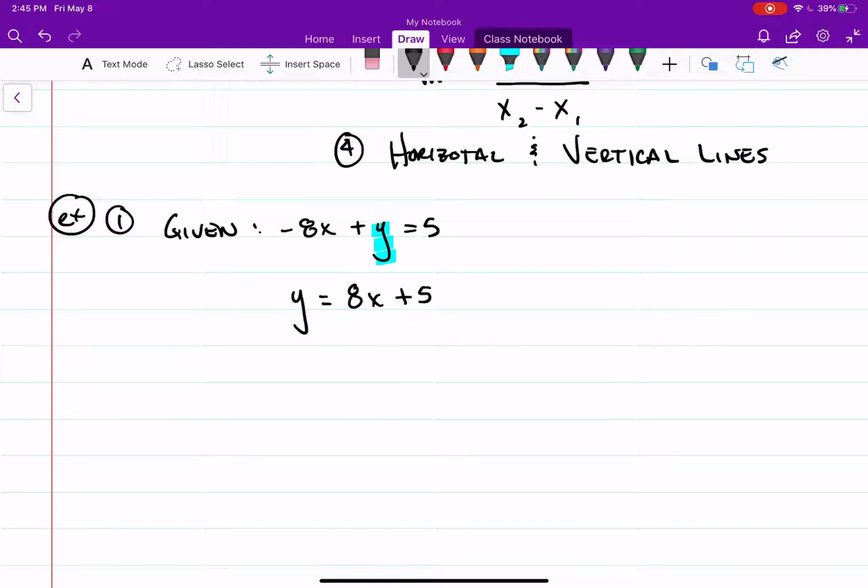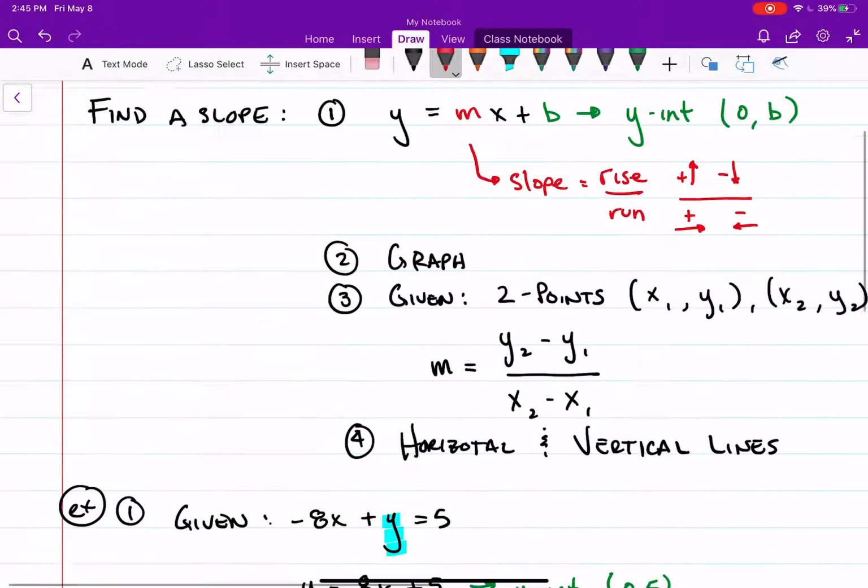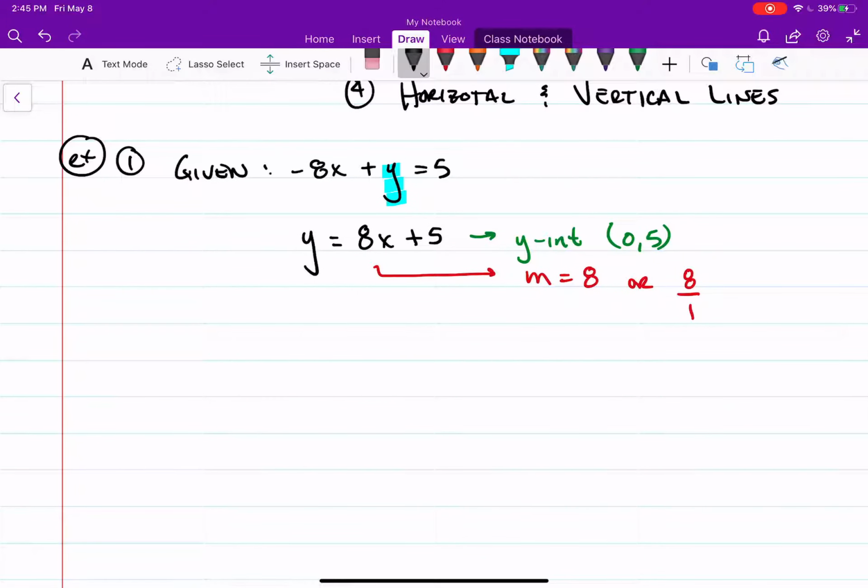In this case, I know that my y-intercept is (0, 5), and my slope is 8, or you could call it 8 over 1 if I was actually graphing it, okay? So 8 would be the main answer, but 8 over 1 if I'm graphing. That's method 1.